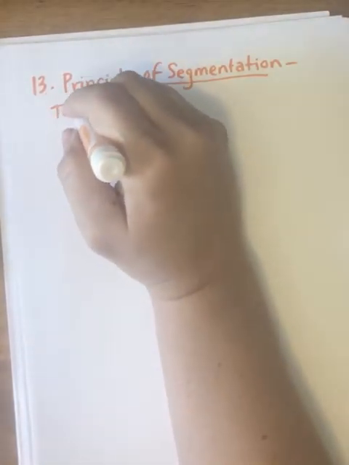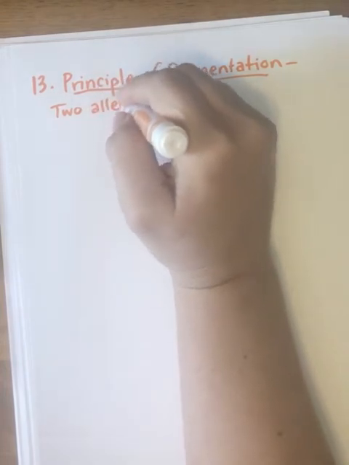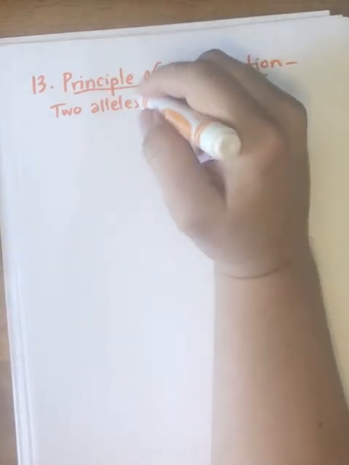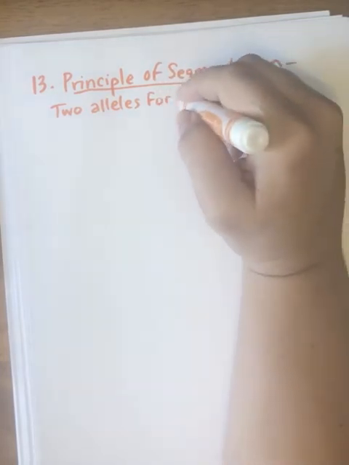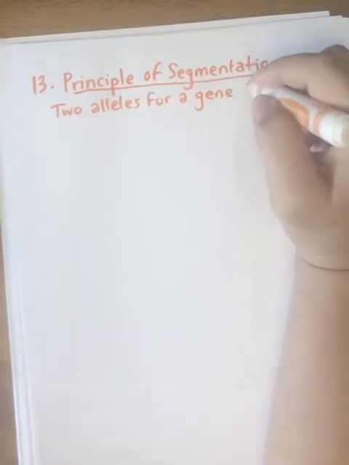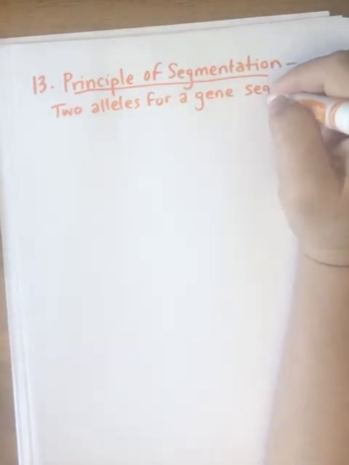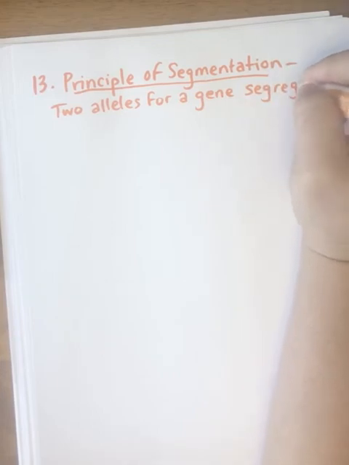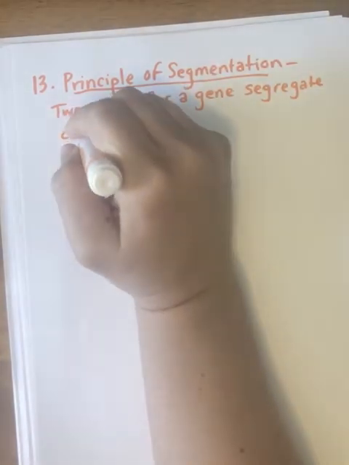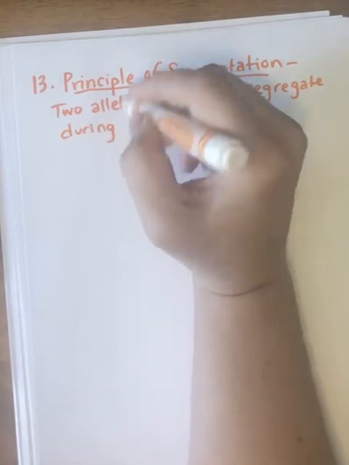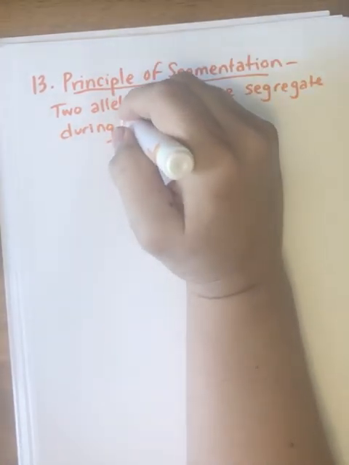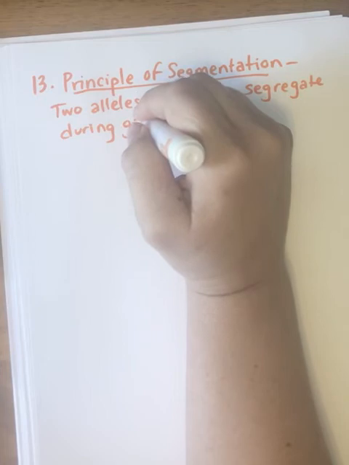Your two alleles for a gene segregate during gamete formation. So what I mean during gamete formation is they're going to separate.